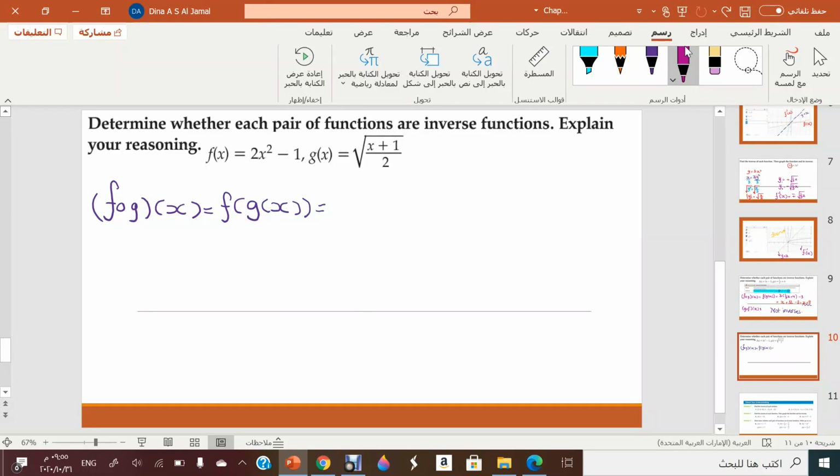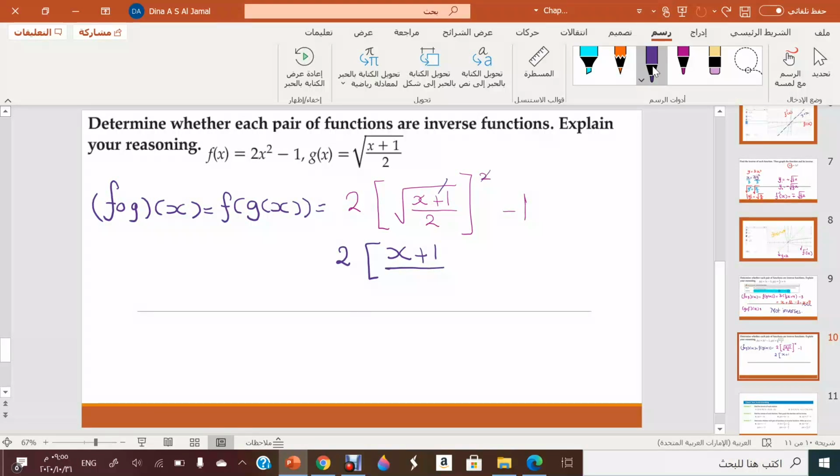So 2 times the square root of x plus 1, squared, minus 1. You will remove your square, then you are left with 2 times x plus 1, over 2, minus 1.